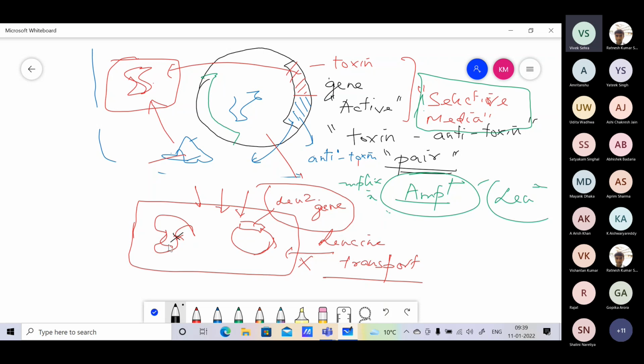We have made a mutation here, which is LEU2 minus. So the cell cannot synthesize leucine, right? Yes. The cell is an auxotroph. And it does not have leucine transport.